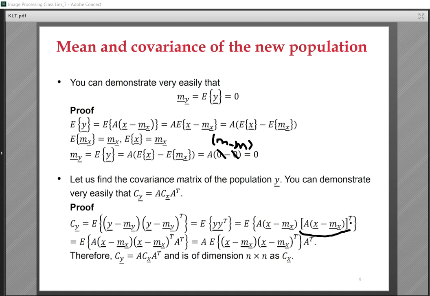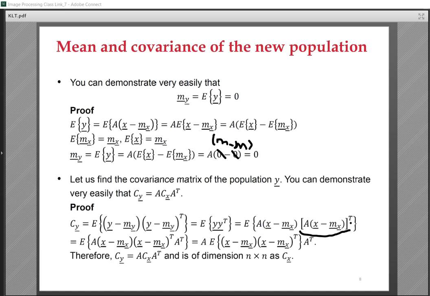That's right. Therefore, Cy equals A Cx A transpose, proved, and is of dimension n by n, the same as the dimension of Cx. Cx was n by n, Cy is n by n. What is Cy? Cy is A Cx A transpose.